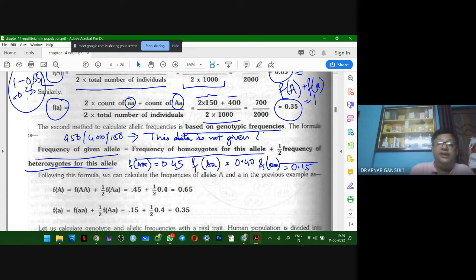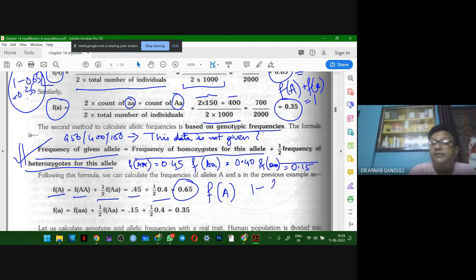Now from this, if you use this formula, the frequency of A is the frequency of AA, 0.45, plus half into 0.40, and you get the same thing. Frequency of A is 0.65. By 1 minus the frequency of A, you will get the frequency of small a.